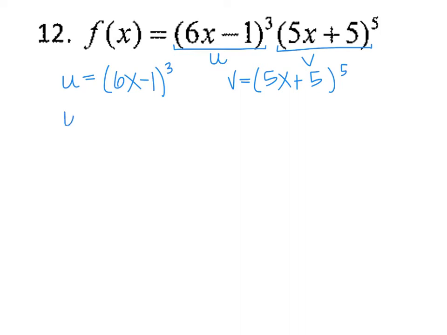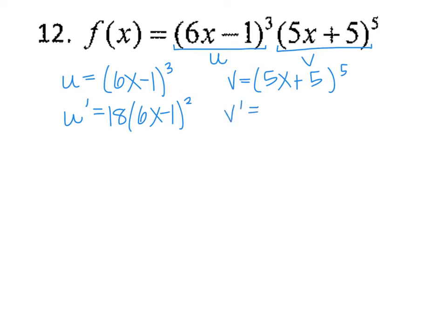So I need to use the chain rule. For my first one, I would have the derivative of the outside, which would bring the 3 down front, and I'd go to one less power. And then I'd also have to multiply by the derivative of the inside, which was 6. So that gives me 18 times (6x minus 1) to the second.